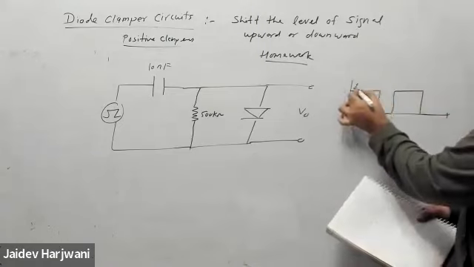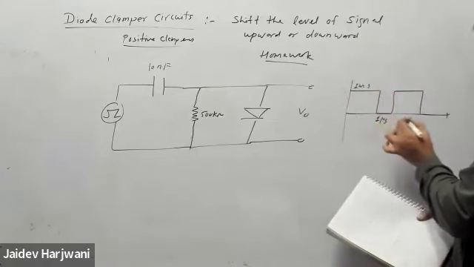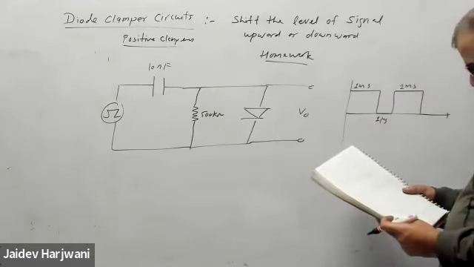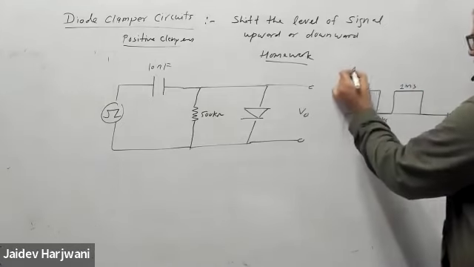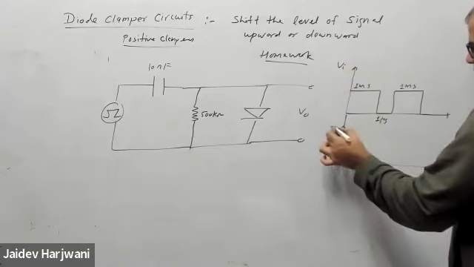So this is a 1 millisecond pulse fully, this is a 1 microsecond pulse down, and again this is 1 millisecond. This is your input, and now you have to plot the V output.